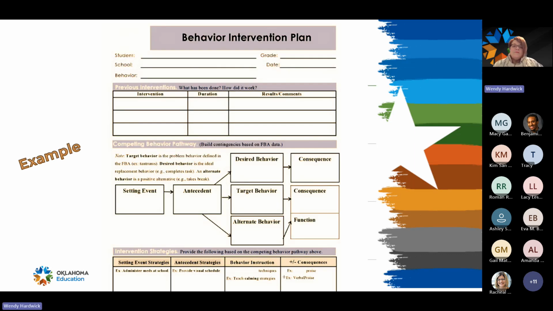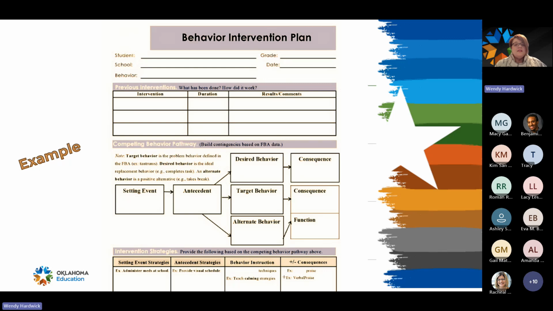Here's another example of what a behavior intervention plan might look like. This one you can see has a flow chart. It has what they believe the setting event is, what the antecedent, and then the desired behavior, that's the replacement behavior, the consequence, the function.